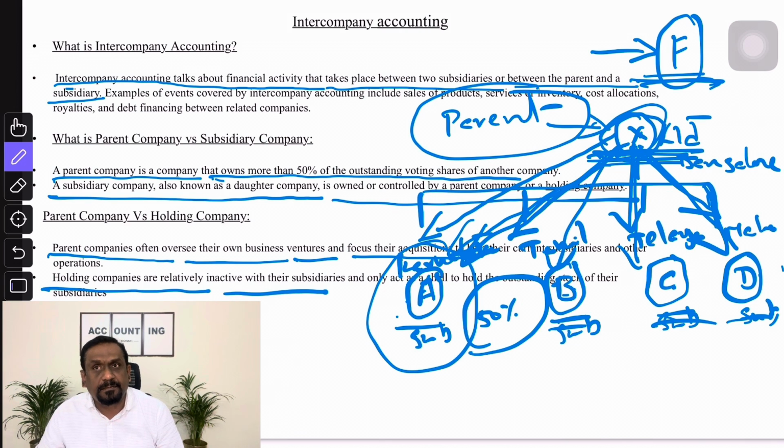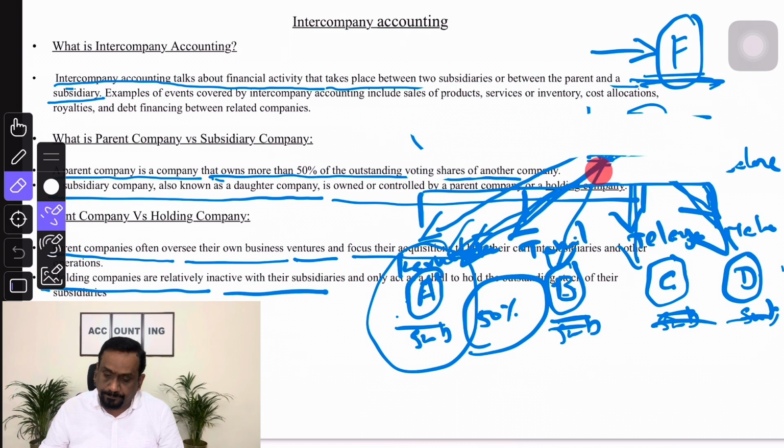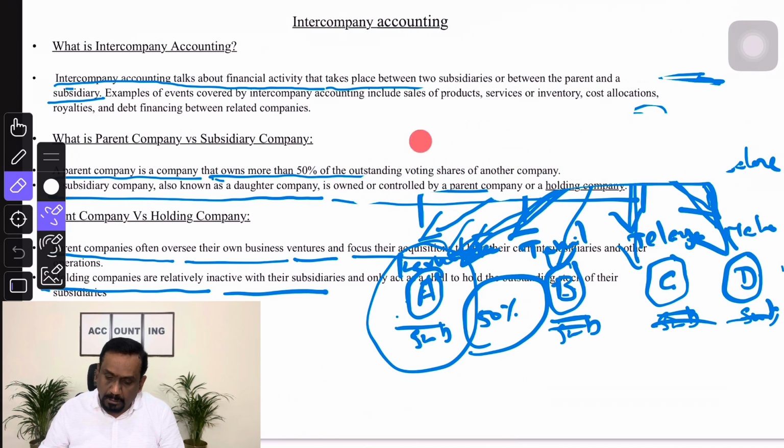At what price? That price is called transfer pricing. The price at which X Limited is going to send the products to their respective subsidiaries is called transfer pricing. What do you mean by transfer pricing? How this transfer pricing is going to help us, we are going to learn now. Okay?